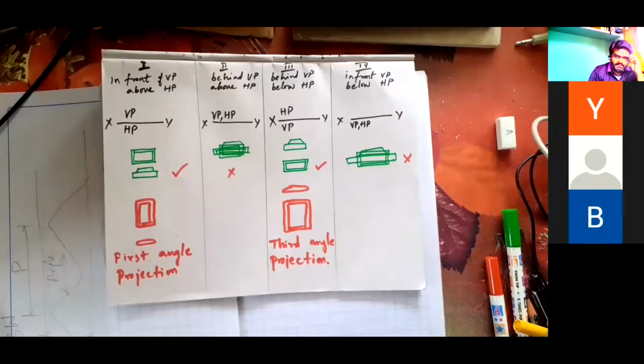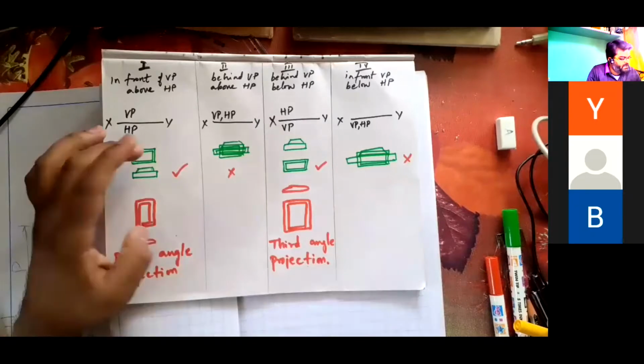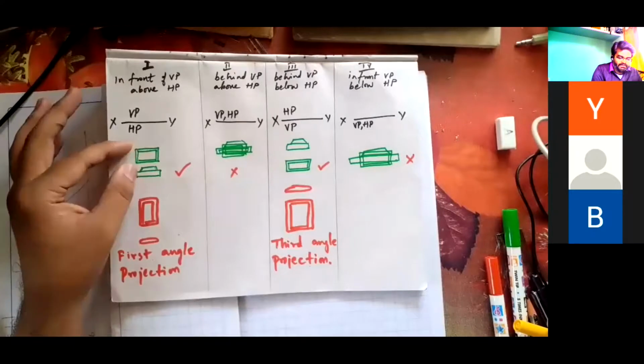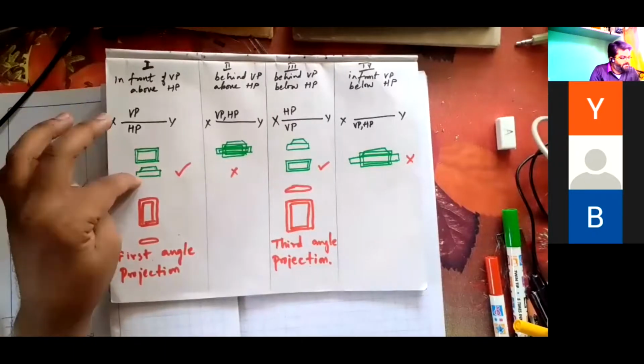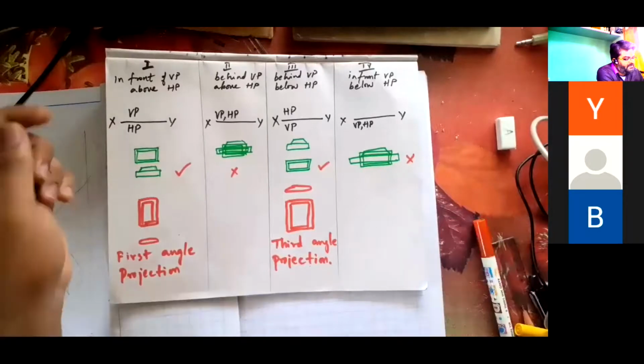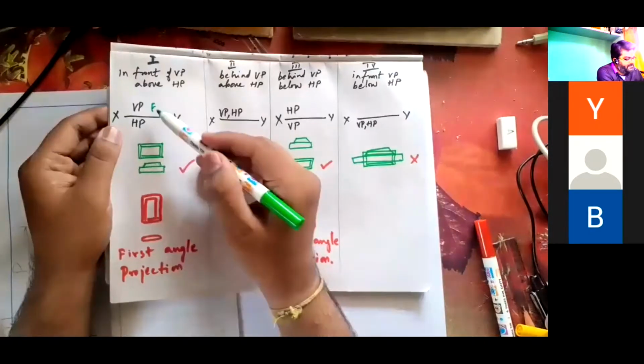And see, this is the basic concept of a projection of points, and consider it to be here. It can be a plane surface, solid, or whatever it is. I considered an object here where front view and top view will be represented. If it is vertical plane and horizontal plane, this is the front view and top view obtained here.